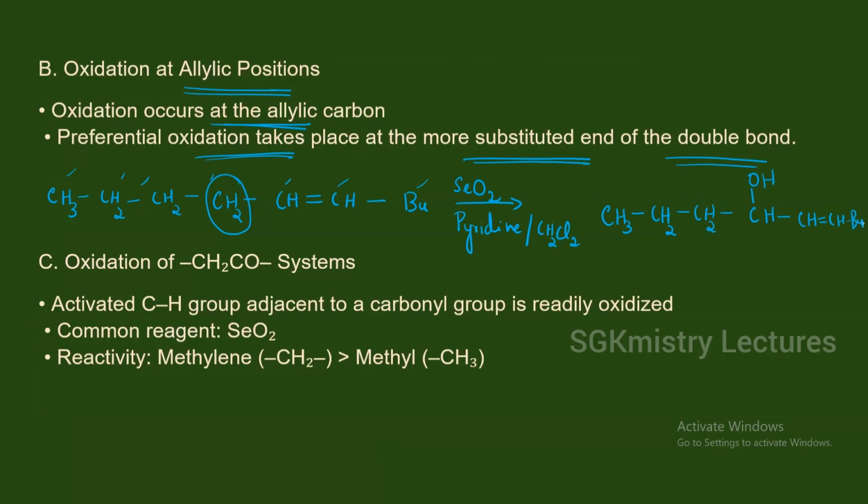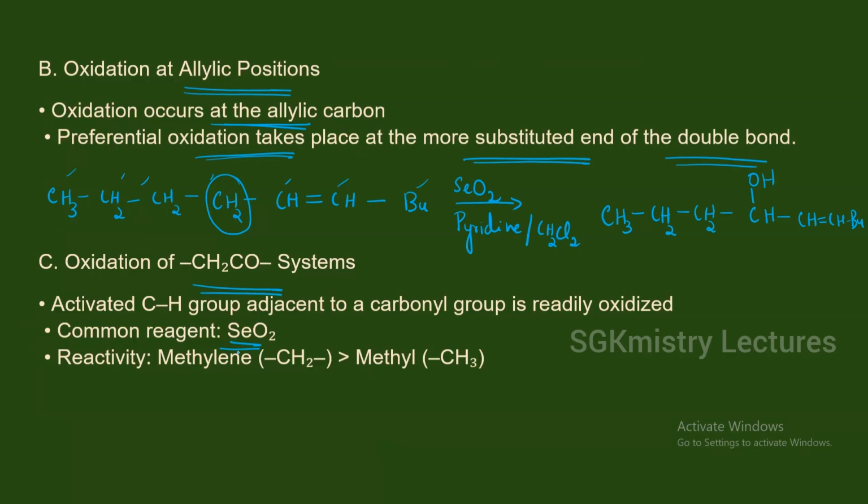Next, talking about the oxidation at the CH2CO systems, right? So now, when I'm talking about how the oxidation takes place here, first of all, we have to look into the common reagent that is used, that is SeO2. Okay, so an activated CH group adjacent to the carbonyl group can be oxidized in very different ways.